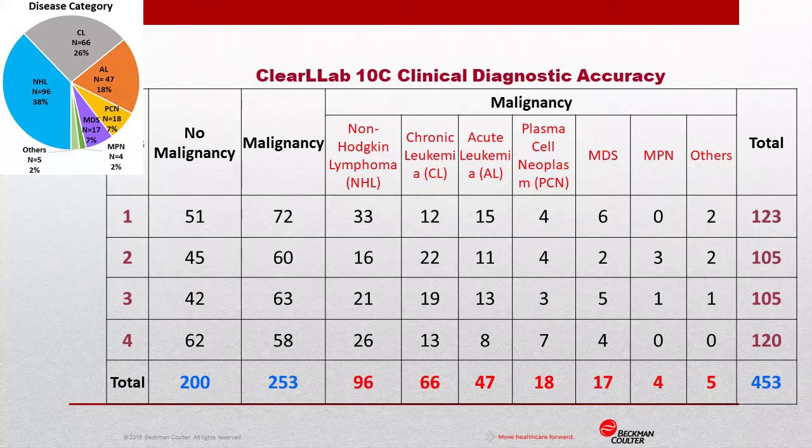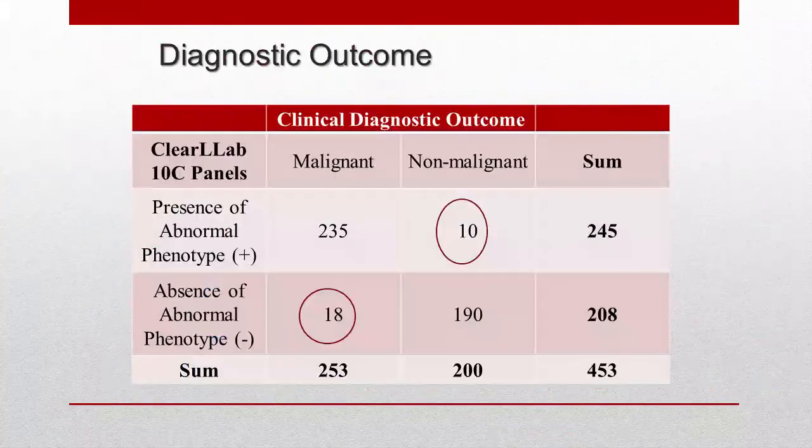And of those acutes, most of those, depending on if you see lots of adults or pediatric samples, you could have a shift towards myeloid or B-cell types of acute leukemias.